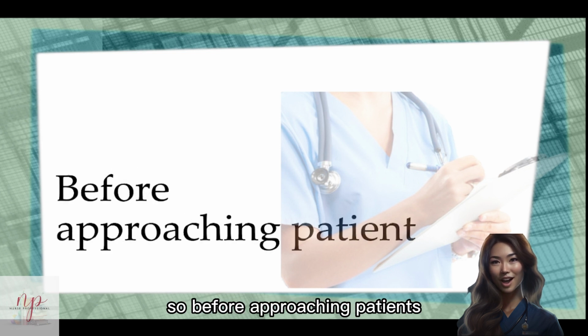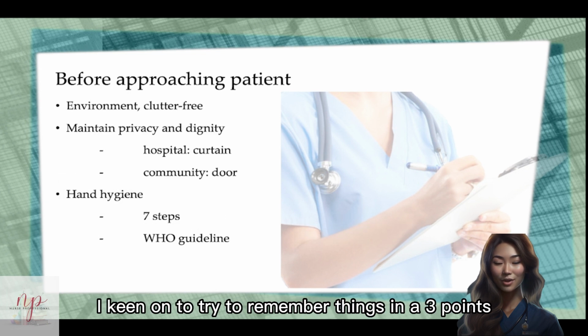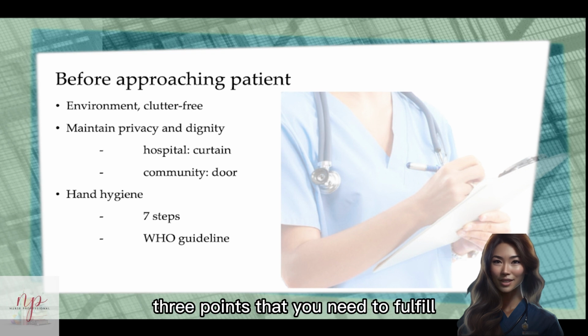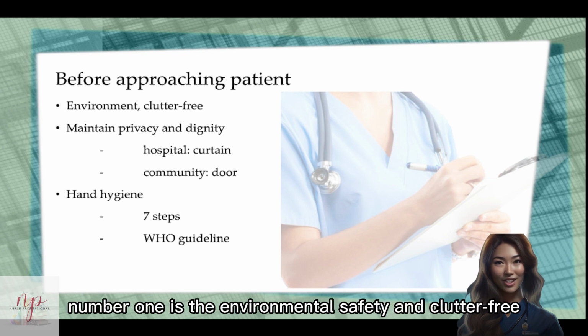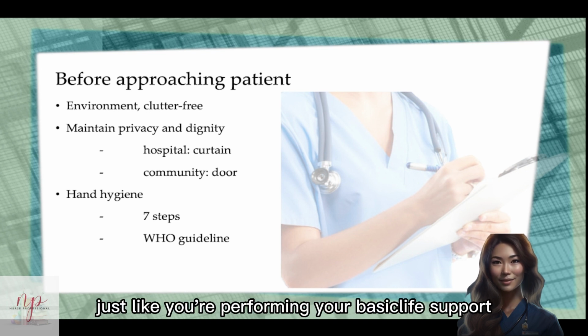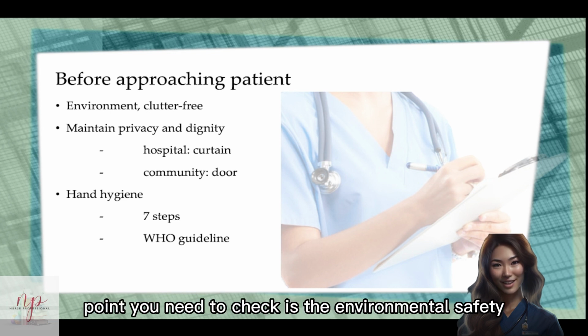So before approaching patients, I'm keen to try to remember things in a 3-points technique. Before you approach patients, remember there are 3 points that you need to fulfill. Number 1 is the environmental safety and clutter-free. That is just like when you're performing your basic life support, the first point you need to check is the environmental safety.